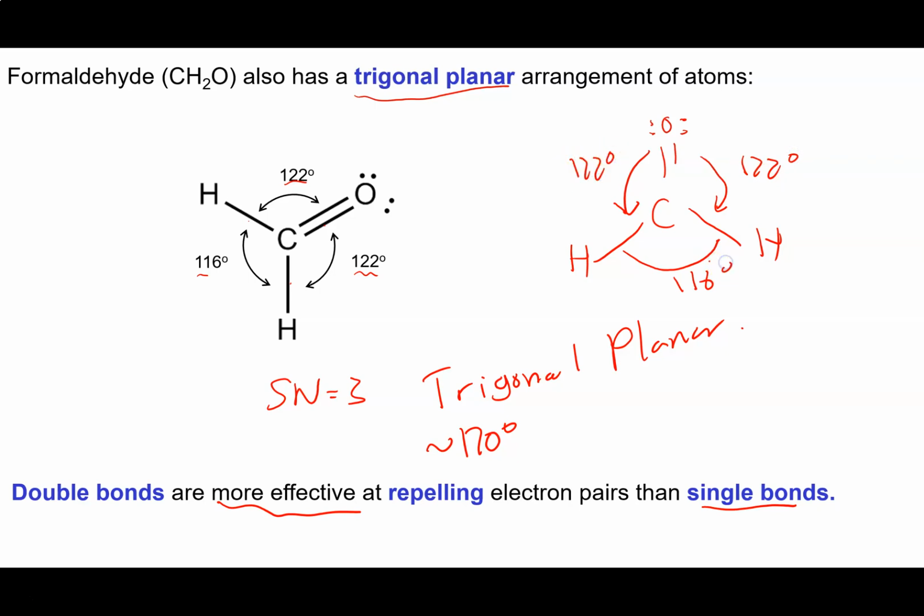So whenever we have a double bond, we're always going to see this kind of deviation from ideality, because double bonds are more repulsive than single bonds. So there are questions where you're going to be asked to comment on the deviation from the ideal bond angle, and often it is due to a double bond.